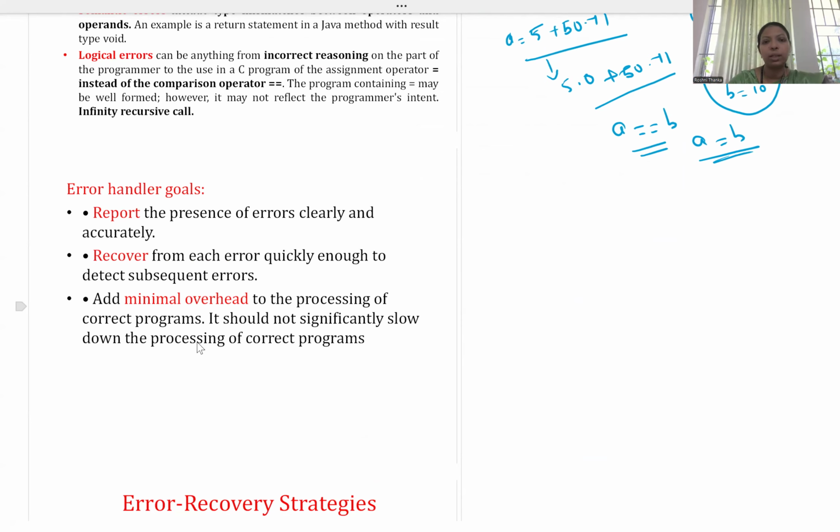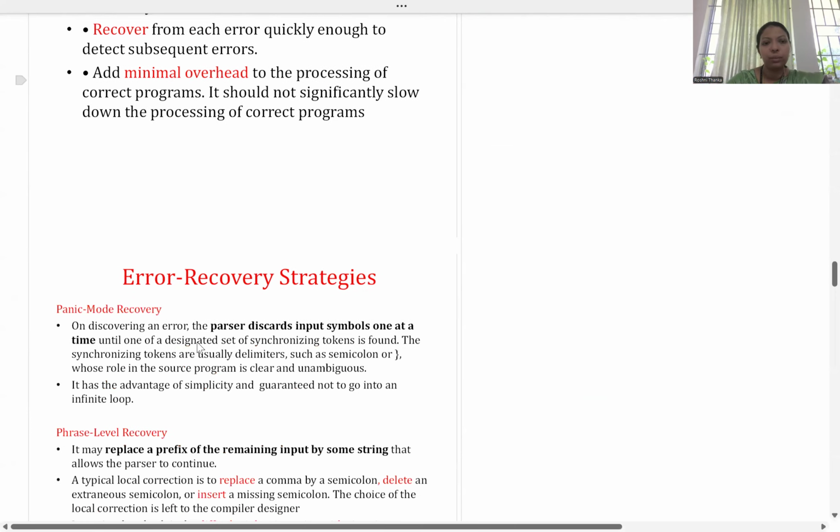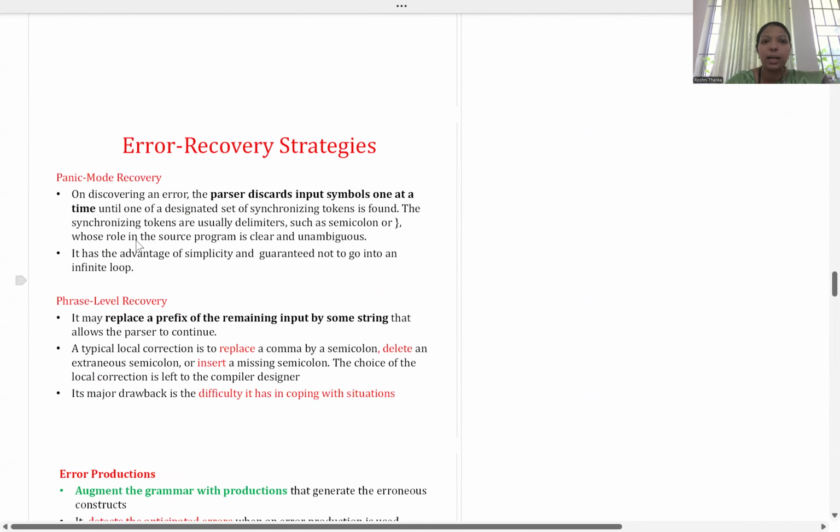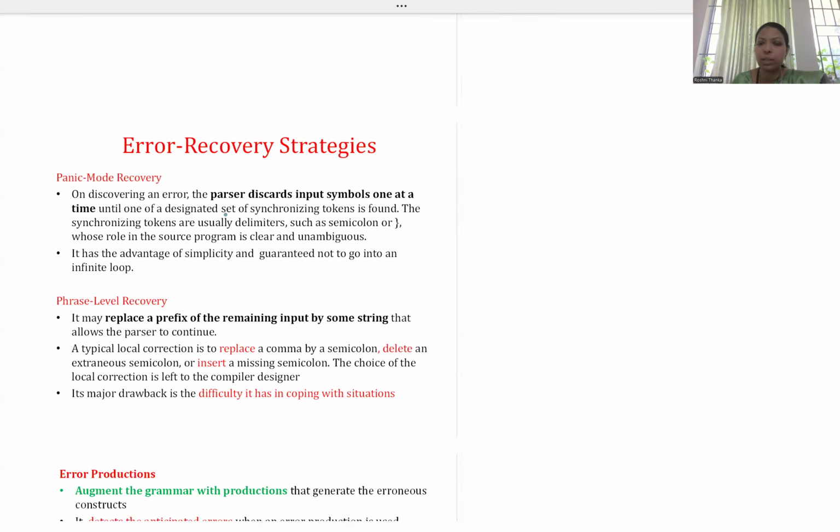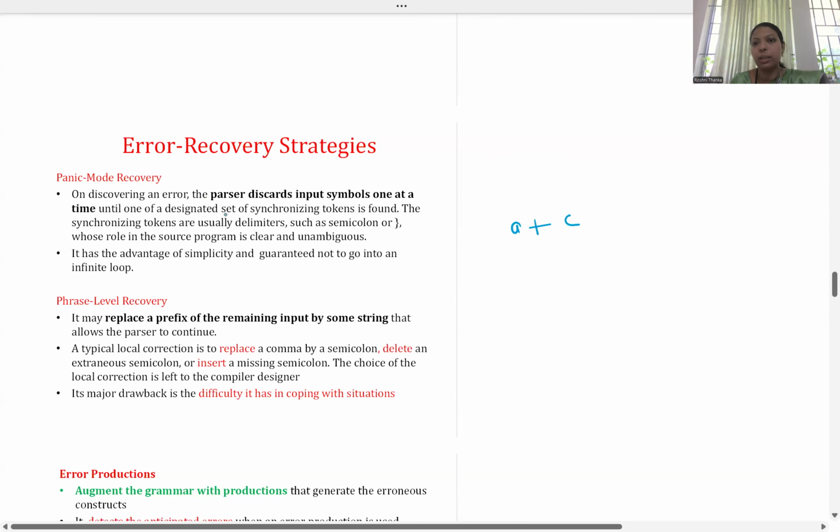So what are the error recovery strategies available? The first one is panic mode recovery. What does panic mode recovery mean? It will discard one symbol at a time. For example, if I say X equal to A plus, this is an error somehow.